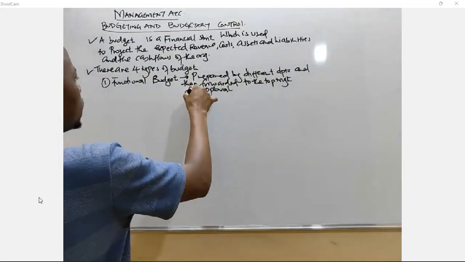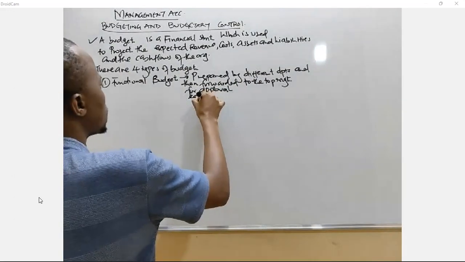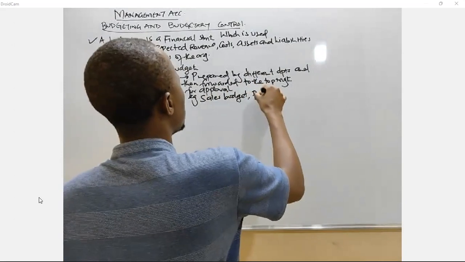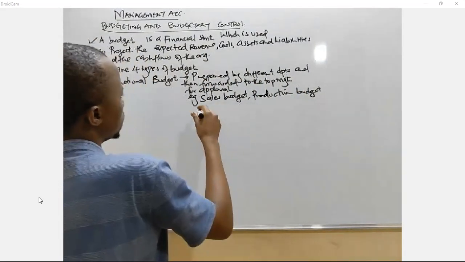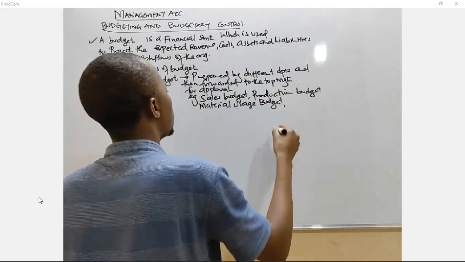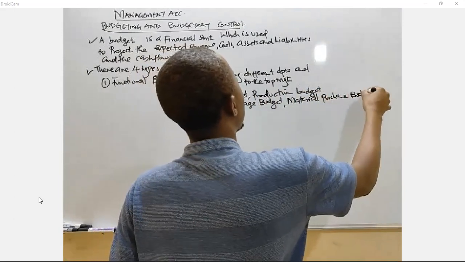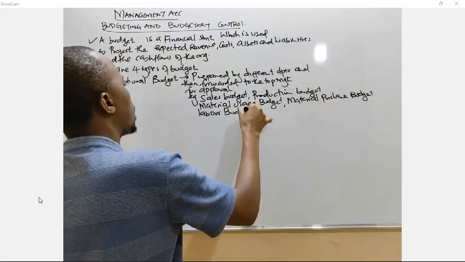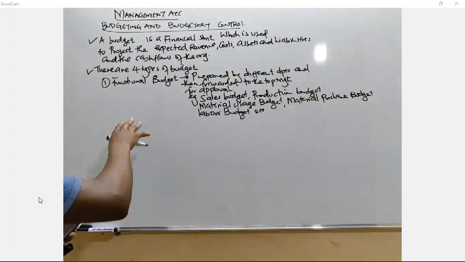For example, these budgets include the sales budget, the production budget, the material usage budget, the material purchase budget, and the labor budget, etc. Those are the most common types of budgets that you are going to be working with under the functional budget.